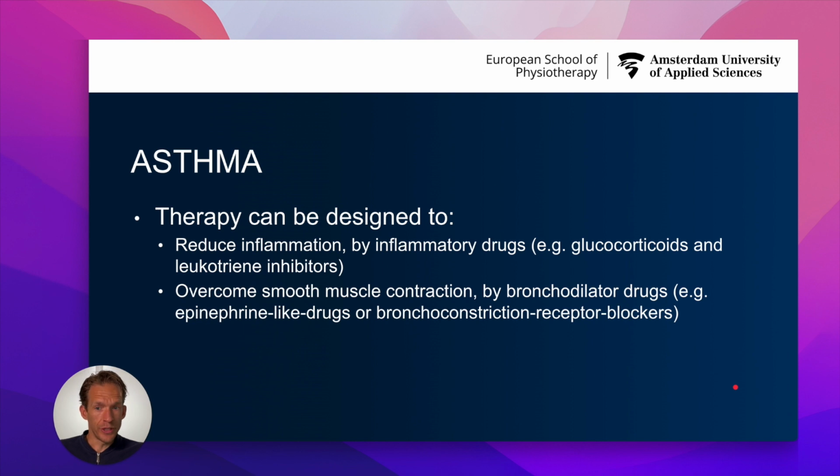In order to treat this, you could either try and target the inflammation, for example, by drugs that would cause a reduction of the inflammation, or you could try to just focus directly on the smooth muscle contraction, for instance, by chemicals that are similar to epinephrine. And that would widen the airways, lower the resistance, and lower the symptoms.